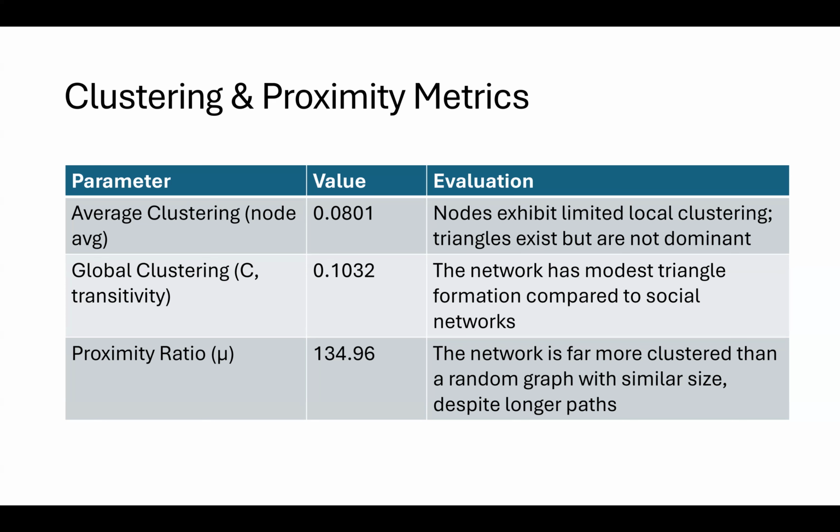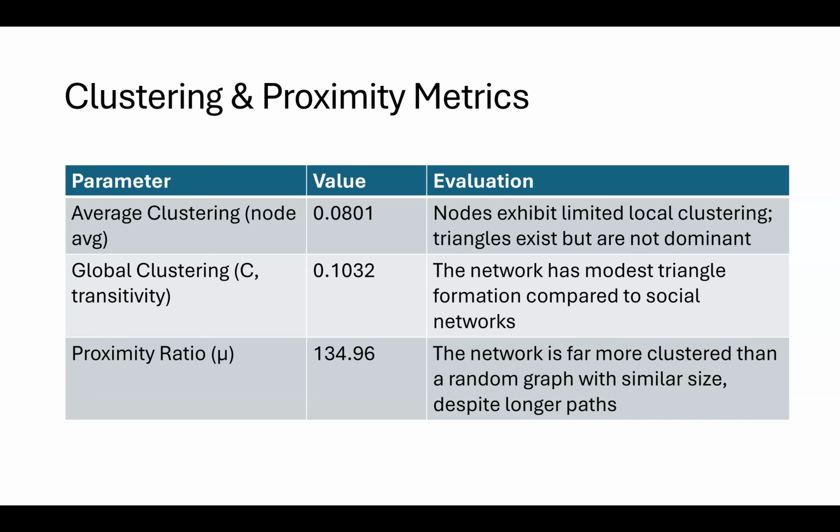This is slightly higher than the average local clustering, and it shows some triangle formation at the global level. Compared to social networks, these values are modest. This is expected because infrastructure systems are not built to maximize triangle formation.